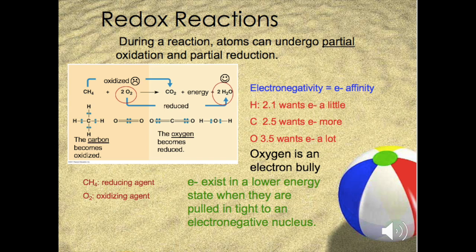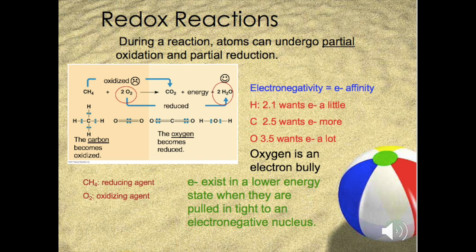Now, if we look at the right, like I already mentioned, the electrons are pulled in tighter to the oxygen and to the hydrogens in water. So this is a more favorable way for the electrons to be. They're in essentially a lower energy state.